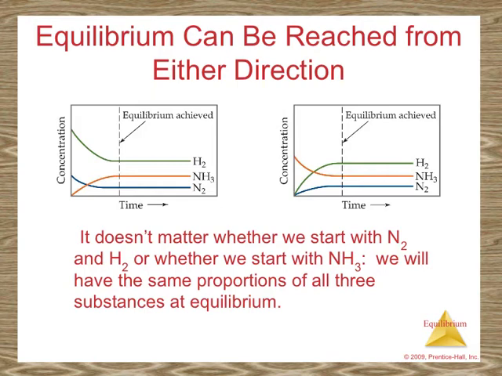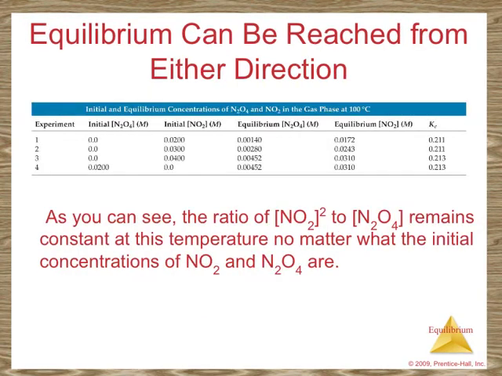At equilibrium, we're going to have the same proportions of all three substances present. As you can see, the ratio of reactant to product from our expression, which is our value for K, is going to be the same as long as the temperature doesn't change, regardless of what concentrations we start out with.